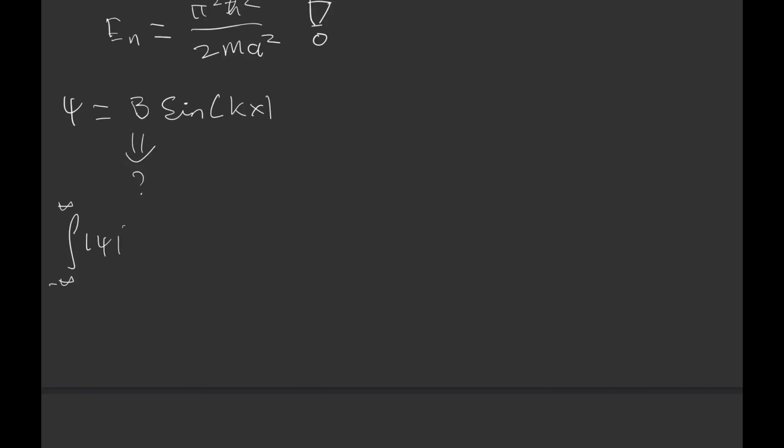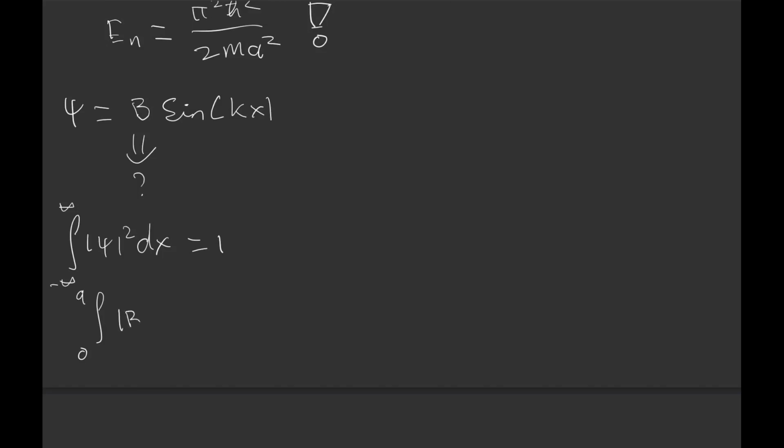That implies that if we integrate the wave function squared over x, it should be equal to 1. So, since we only use the wave function inside, we integrate from 0 to a, over x, and this should be equal to 1.